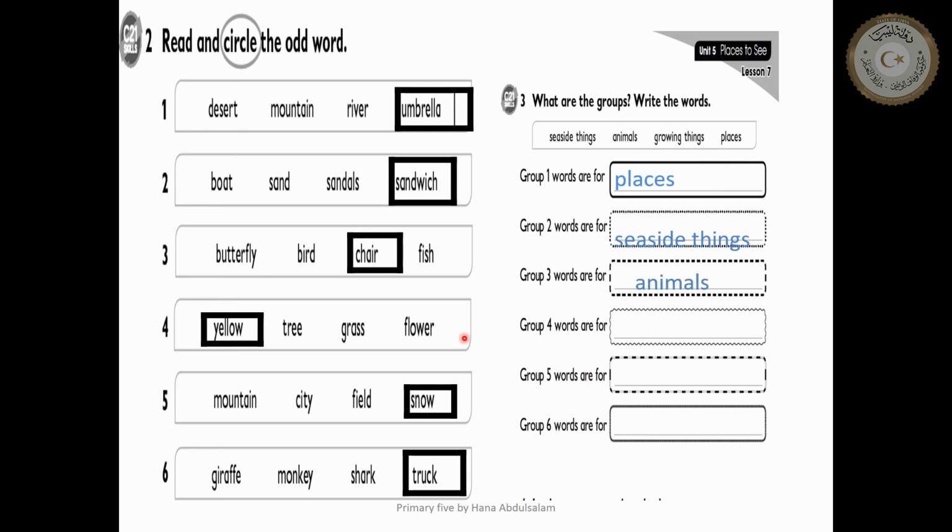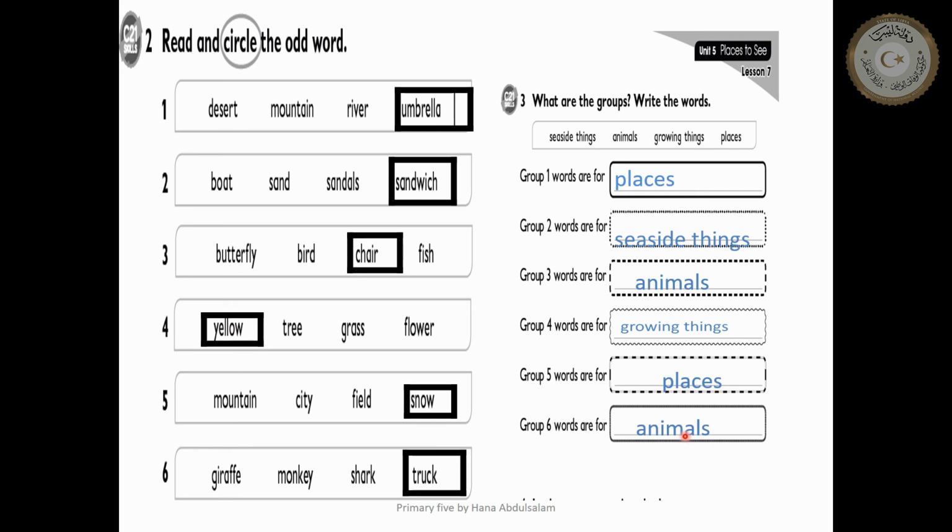So now, tree, grass, flower. What is it? Growing things. Mountain, city, field. What is it? Places. The last one, giraffe, monkey, and shark are animals.